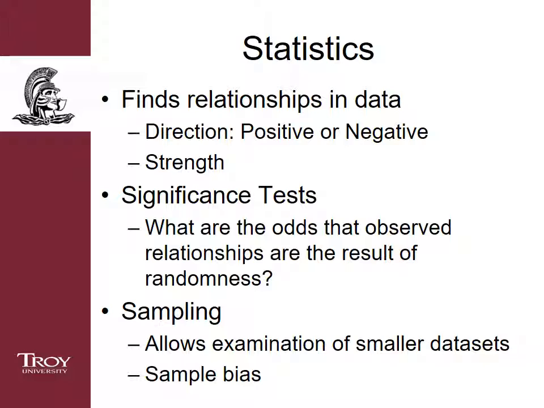Now the thing is, even with a significant relationship, you can still find stuff, right? Go back to the relationship between Super Bowl victory and the performance of the economy, right? There was a positive relationship between one league winning and the economy growing at a faster rate, with less than a 5% chance it's a result of randomness.